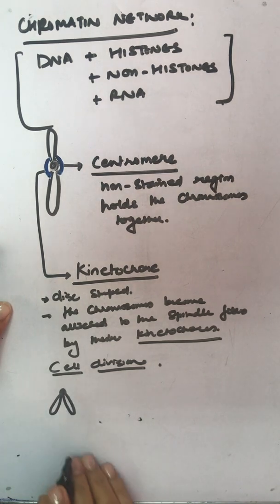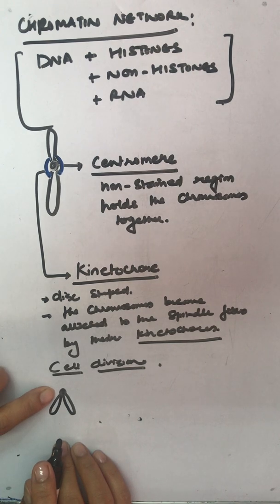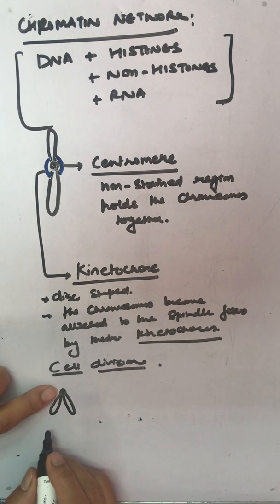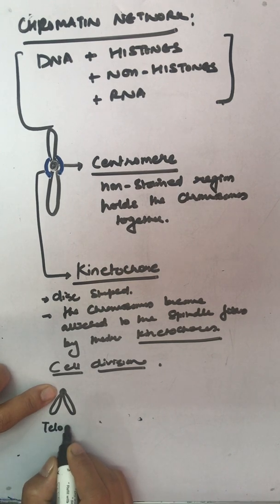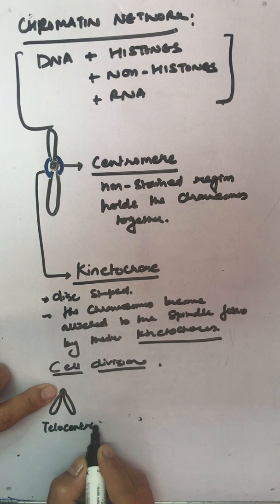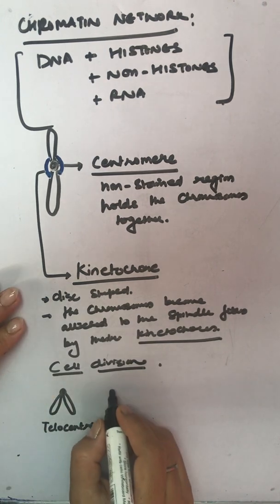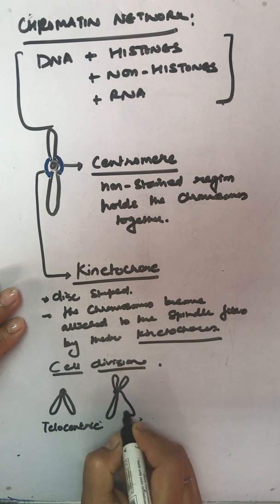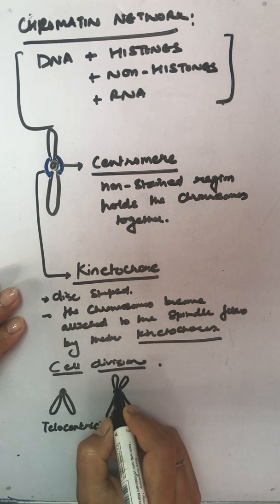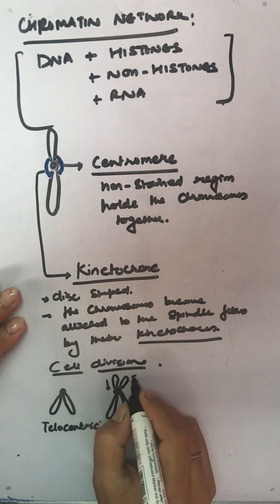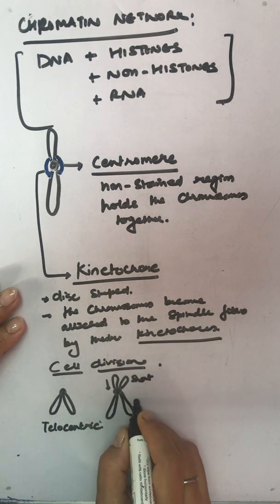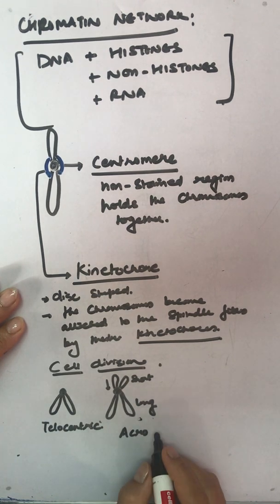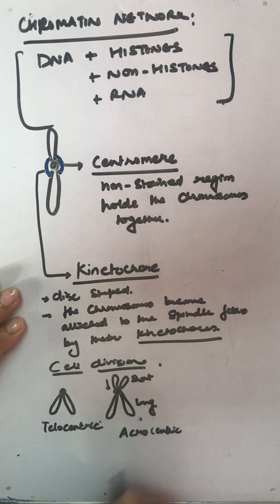If the centromere, the primary constriction, is at the tip or at the notch, we call it telocentric. If the centromere shifts a little towards this side, one arm is short and another arm is long, we call this arrangement acrocentric.